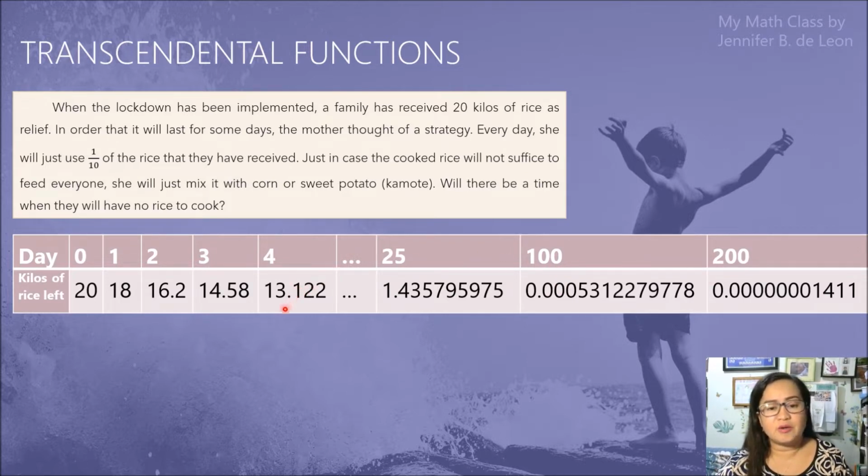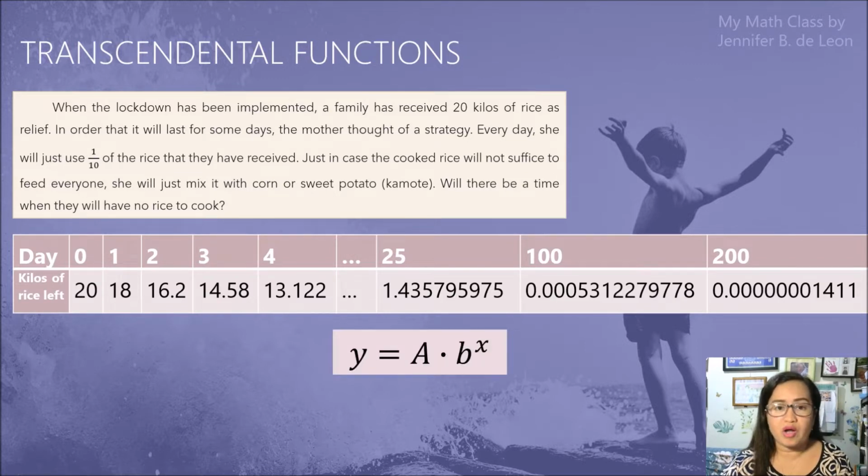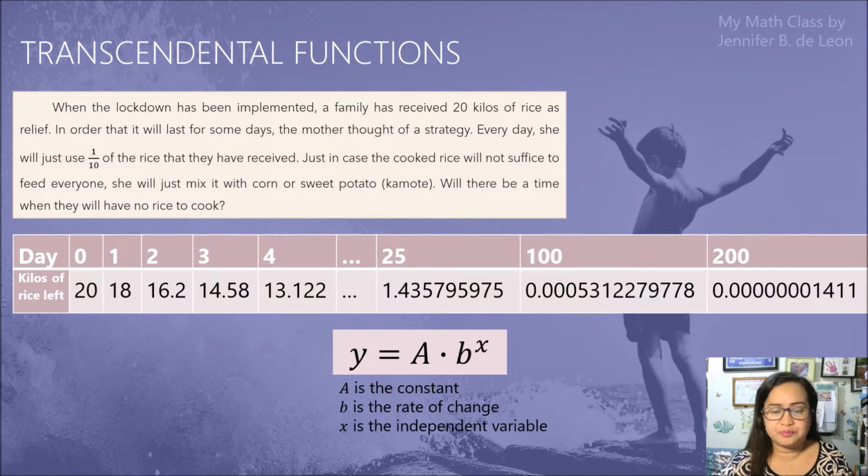Now take note that this situation can be modeled using an exponential function of the form y equals a times b raised to the x power, where a is the constant, b is the rate of change, and x is the independent variable.